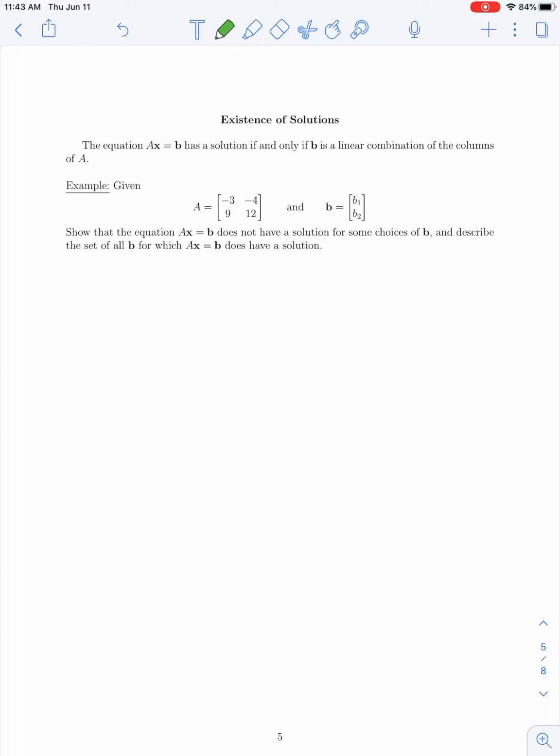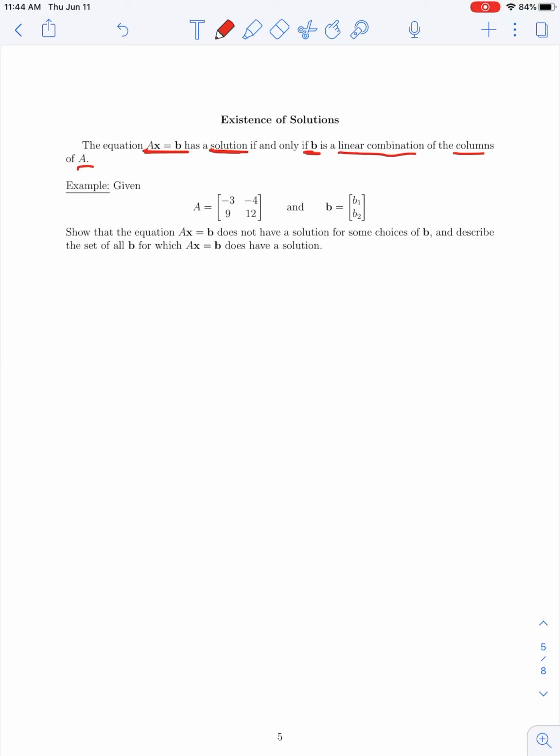So what we have established is that a matrix equation, something of the form AX equals B, has the same solution set as the vector equation given by the linear combinations of the columns of A with weights given by the entries of X. So this matrix equation, in other words, has a solution if and only if the vector B can be written as a linear combination of the columns of A.